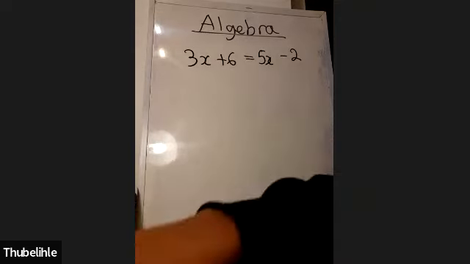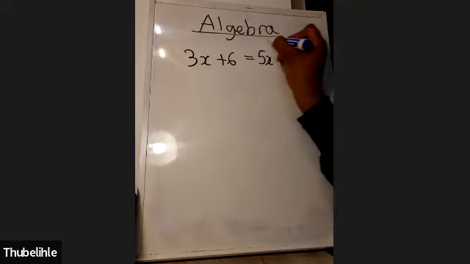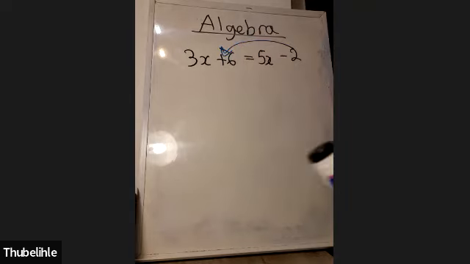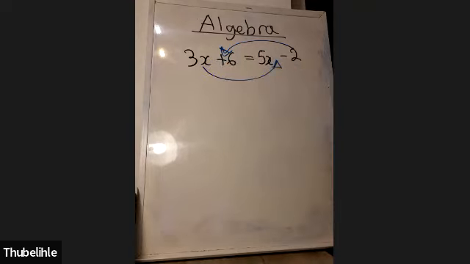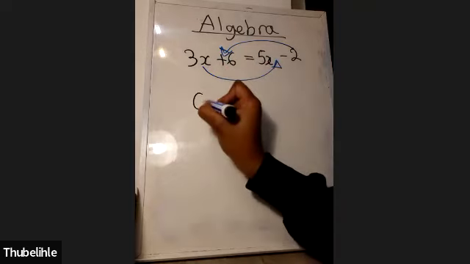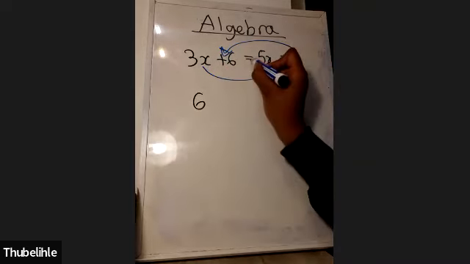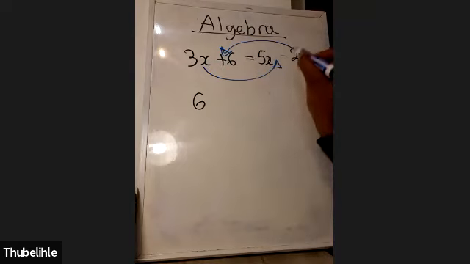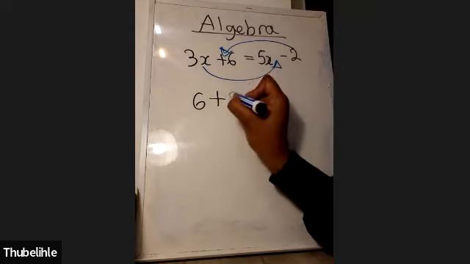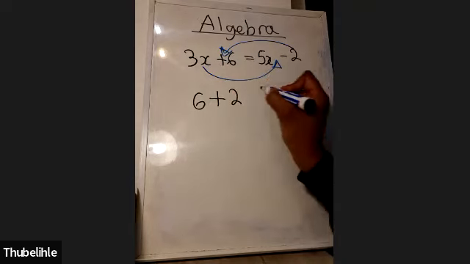So that means we are moving the 2 to the other side of the equal sign, and we are moving 3x this side of the equal sign. So we're going to be left this side with 6. Remember, I said anything that jumps the equal sign changes signs. This is a minus 2, but because it has jumped the equal sign, it's going to become plus 2.